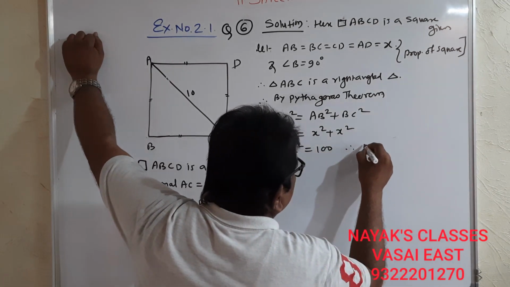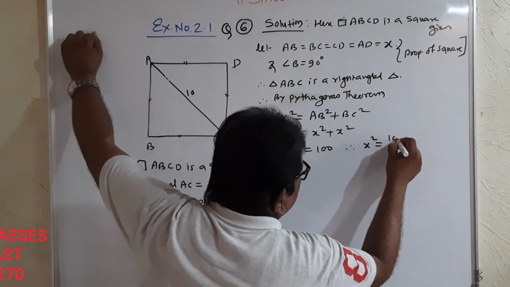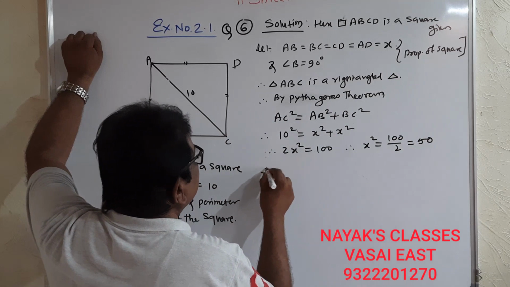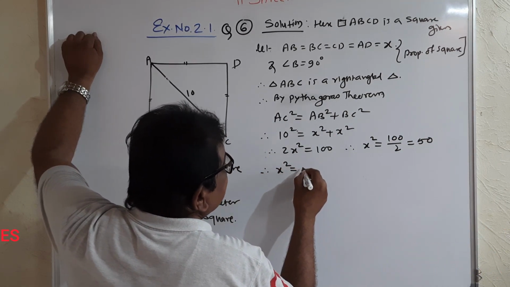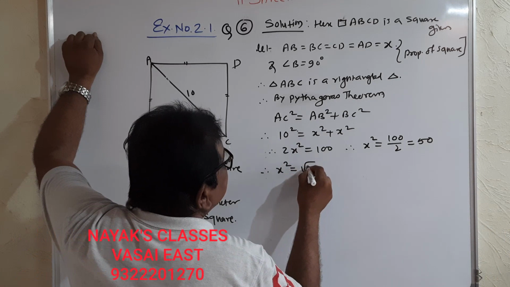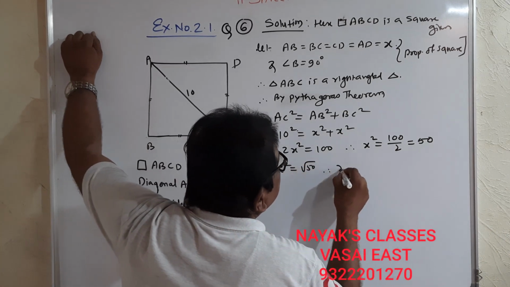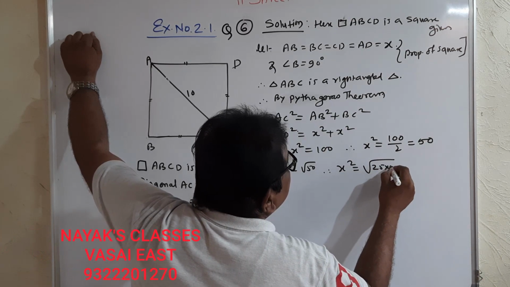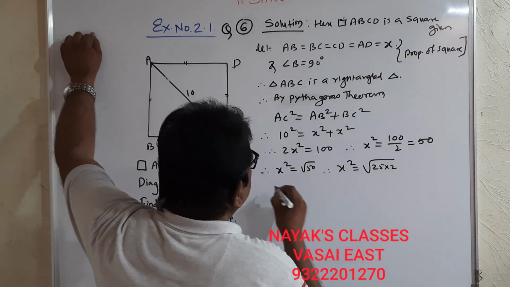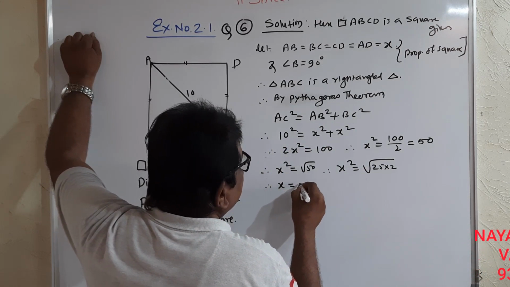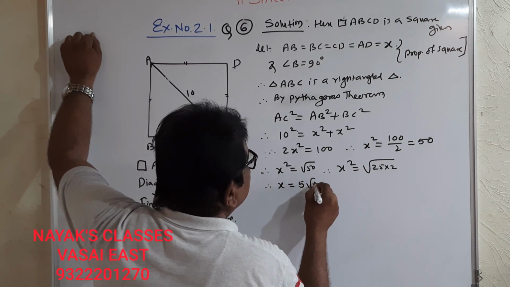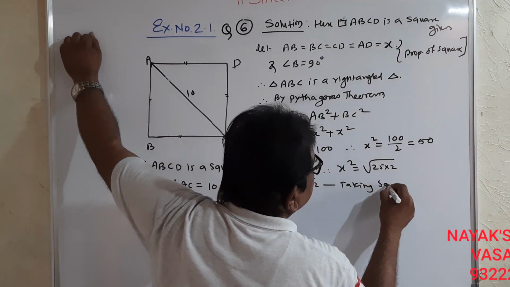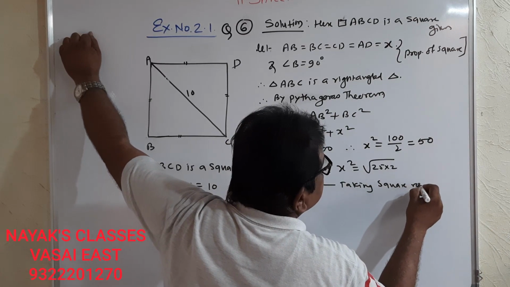Therefore, x square is equal to 100 upon 2, which is 50. Taking square root, x is equal to under root 50, which is under root 25 into 2. Therefore, x is equal to 5 root 2.